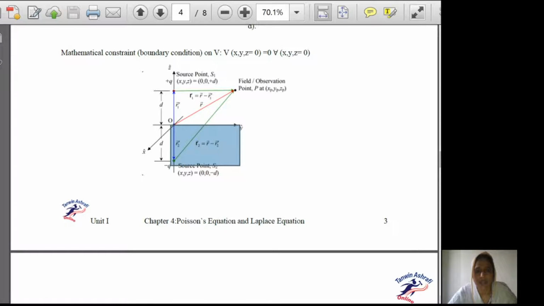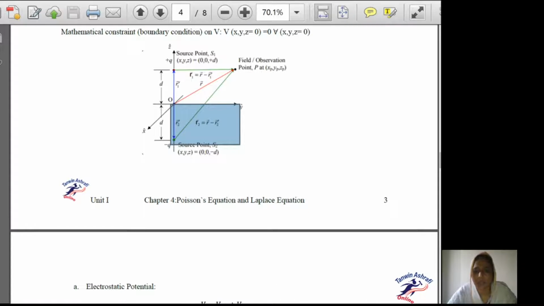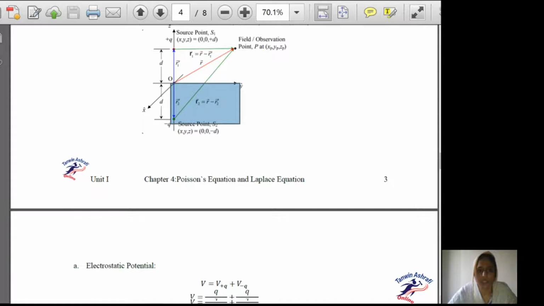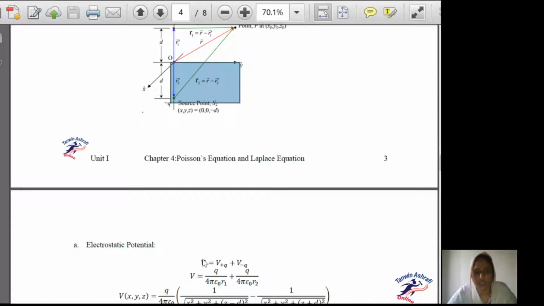If we try to find the potential at point P, which is due to the positive and negative charge, the potential V is equal to the potential due to the positive charge plus the potential due to the negative charge.